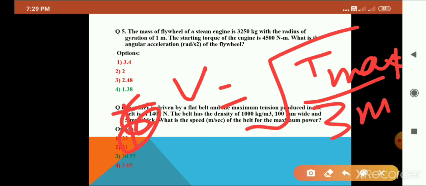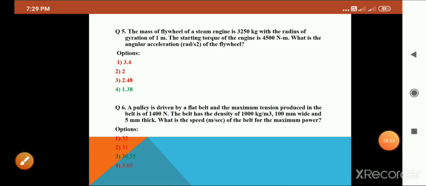So m we will get, and finally we will get the value of v as 30.55, which is option number 3.